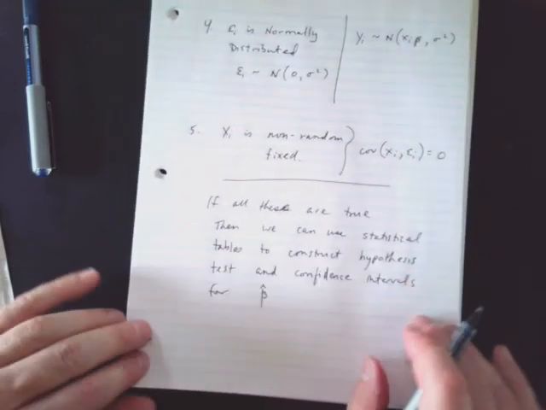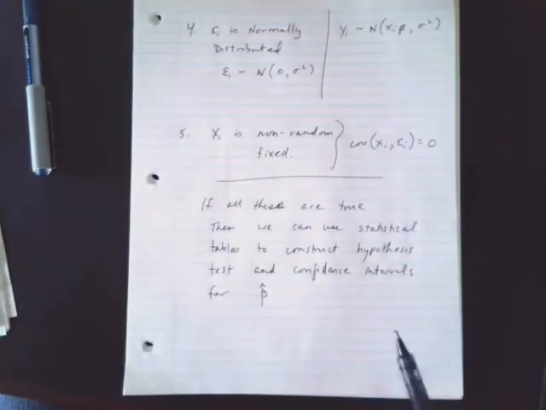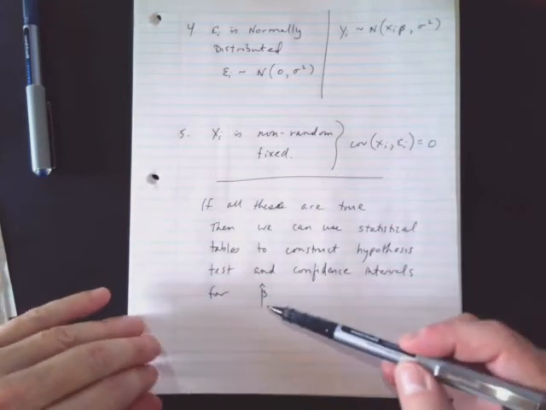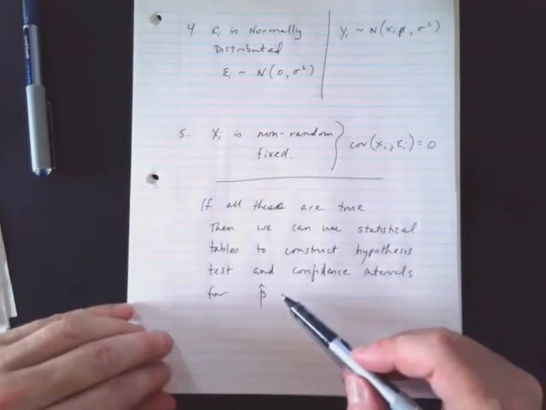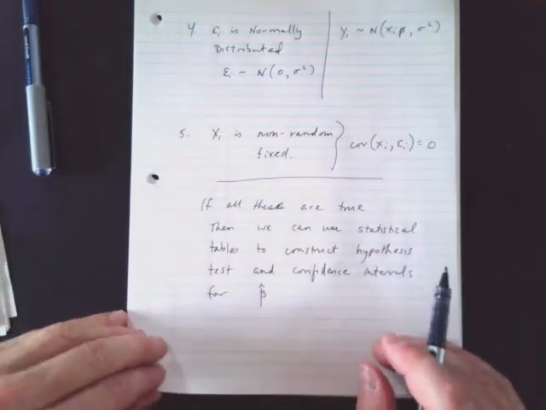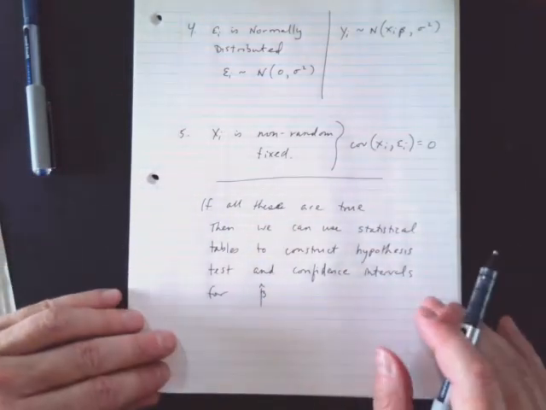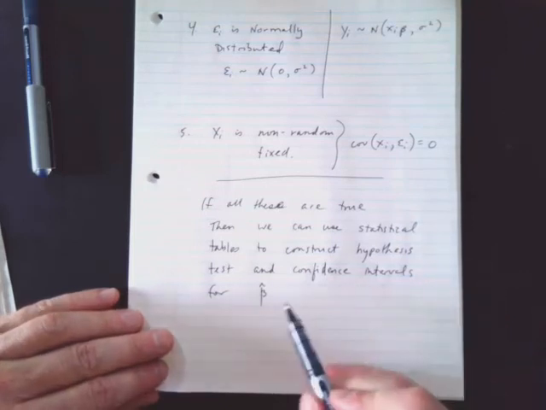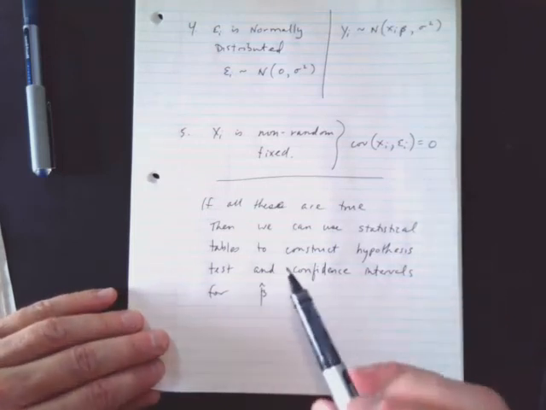All right, so the reason we construct these statistical models is usually because we want to estimate beta hat, the size of the slope coefficient, and then say something about how big its confidence interval is, and perform hypothesis tests about it.